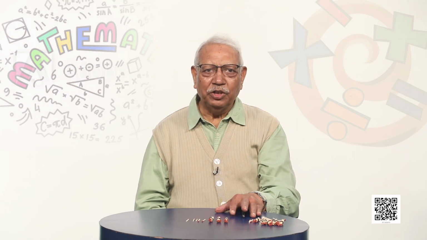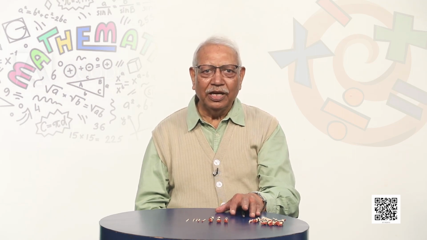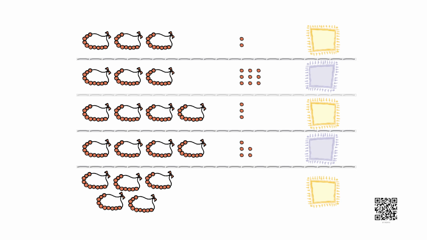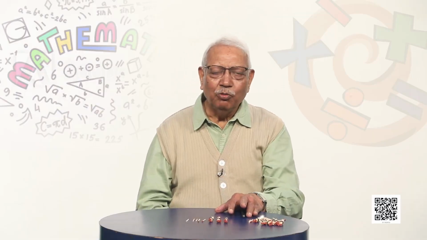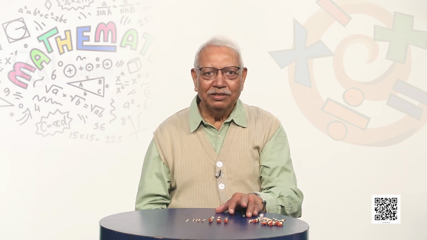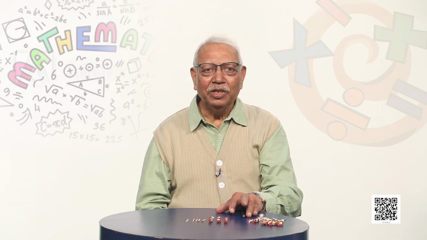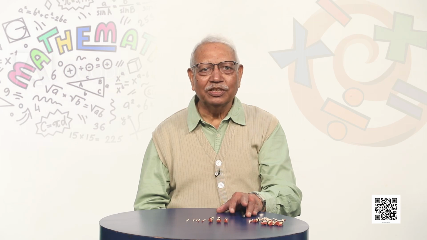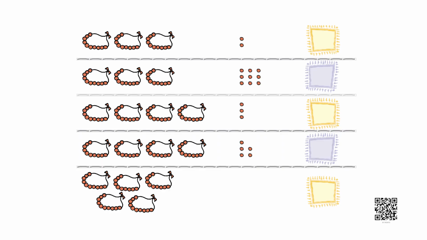Okay, let us look at the picture of these strings and beads or moti and malas. How many motis or beads are there? We will count first how many groups of tens or how many malas or strings of tens. 1, 2, 3, 3 strings of tens, or we can say 10, 20, 30.